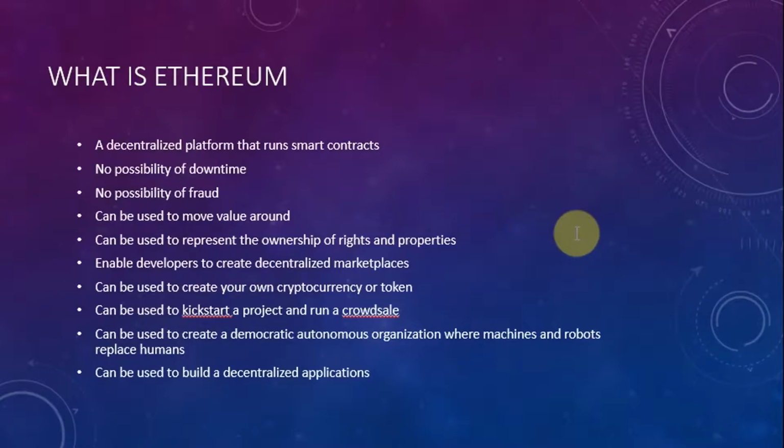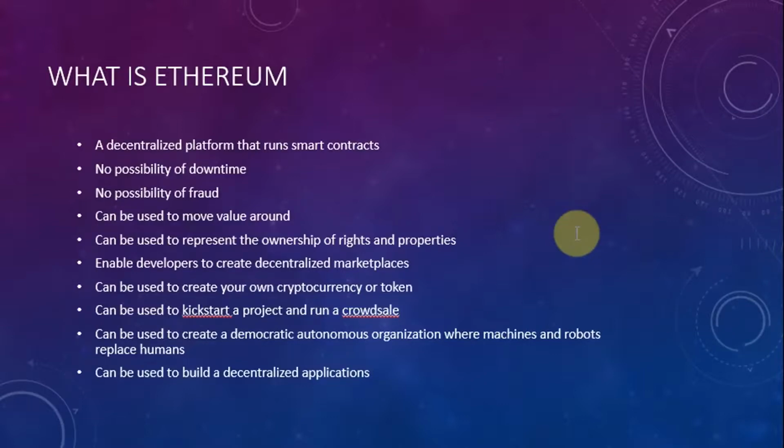So as a programmer or as a software developer, you can create your own cryptocurrency using the Ethereum blockchain. So it's also a very nice characteristic of Ethereum, and that is possible, like I said, because of smart contracts.